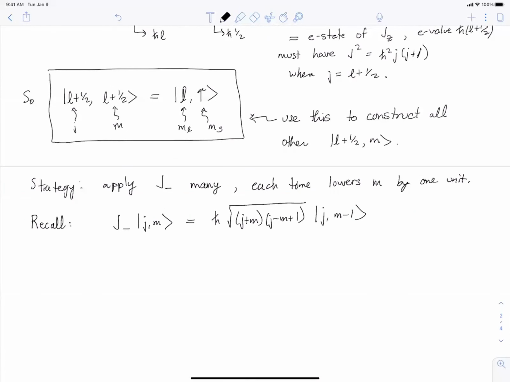And this is equation 7.1.22 in the notes. And that's where we derived it.